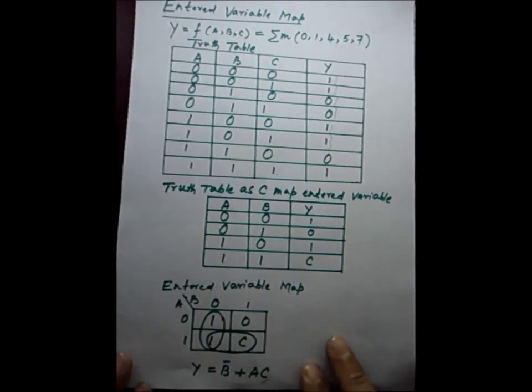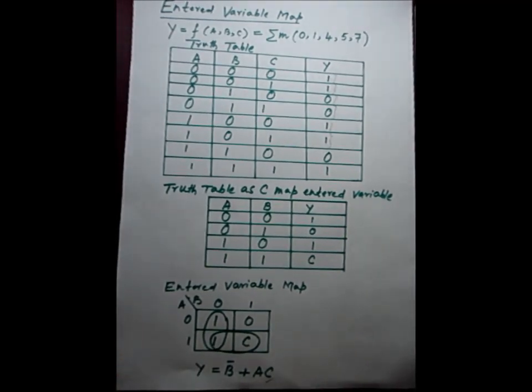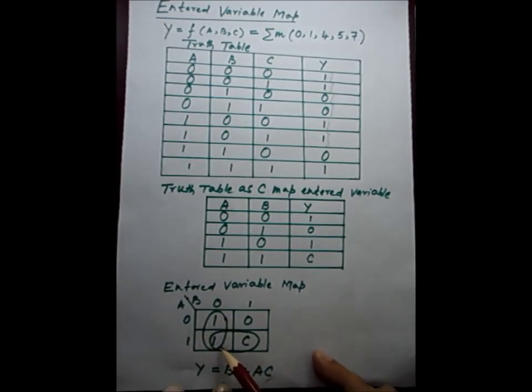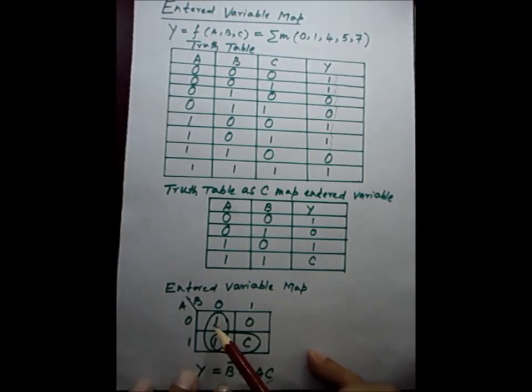Therefore, I just emphasized that groupings in the entered variable map are slightly different from K-map. I showed the different types of grouping, and on the basis of the grouping we can make this one group and this group, and there is no complication in the expression for 1, 1, just like in a K-map.